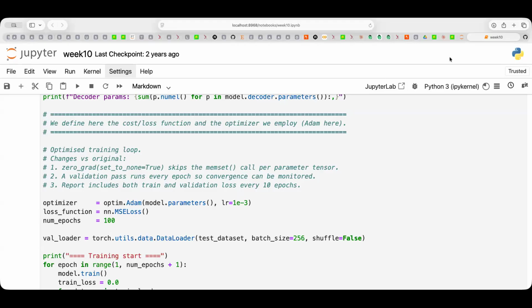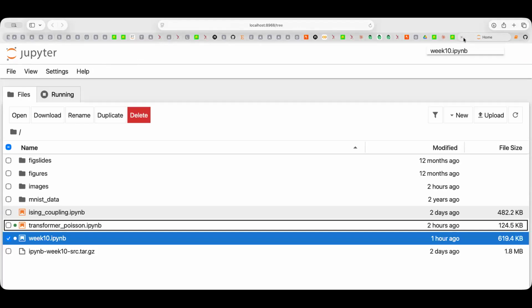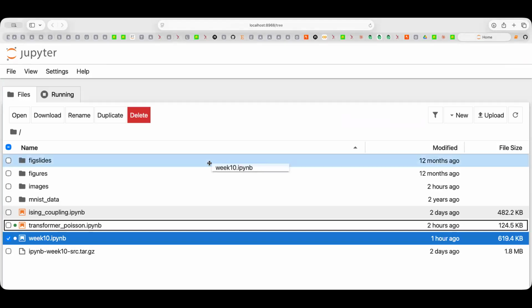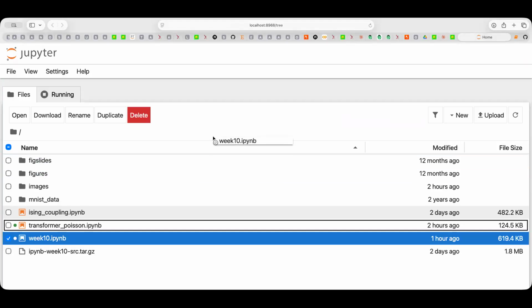So if you go into the lectures from this week, you go to the Jupyter Notebook, you will find an example on how I use transformers to solve the Poisson equation. So if you wish to study a little bit, take a look at it. But just as a warning, this code is so slow. So if you have some time to waste, this is an ideal thing.